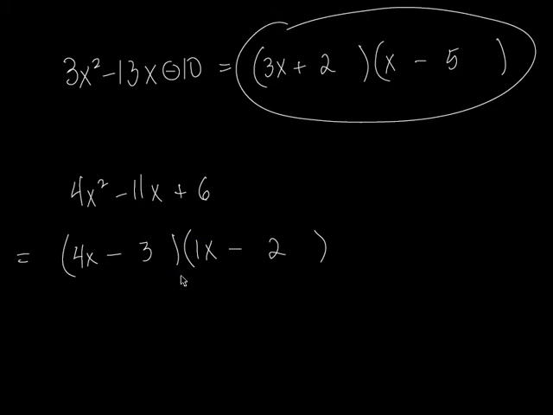Let's pretend, though, we didn't. All right? Let's pretend we went like 2 and 2. I just want to show you, because most likely you're not going to get it in the first try. So watch. Here, let's put 2 and 2. Do we know if this works or not? Look, 2x, what do we do? Try the outside and inside, right? So 2x and negative 2, that's negative 4x, and this is negative 6.